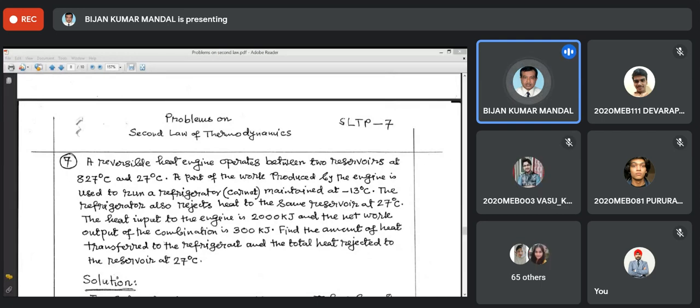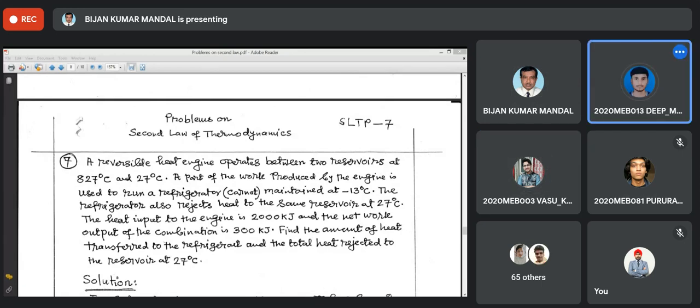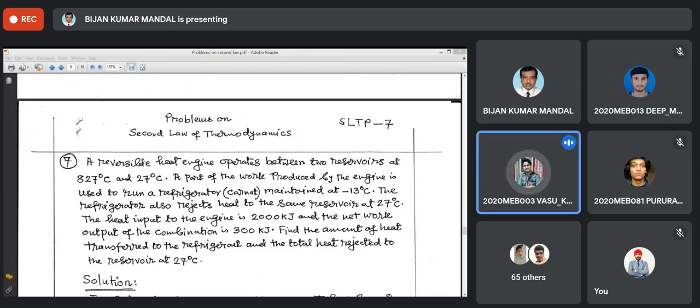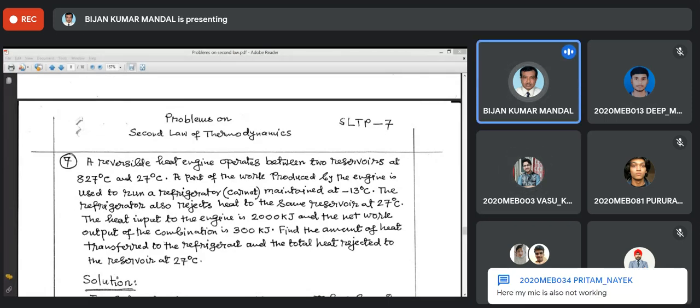Tell me why the temperatures are given as 827 degrees centigrade and 27 degrees centigrade. Is it for easy calculation? Just because of 273 Kelvin, for easy calculation, so that they can be converted. Yes, that is why; you are thinking in a difficult way.